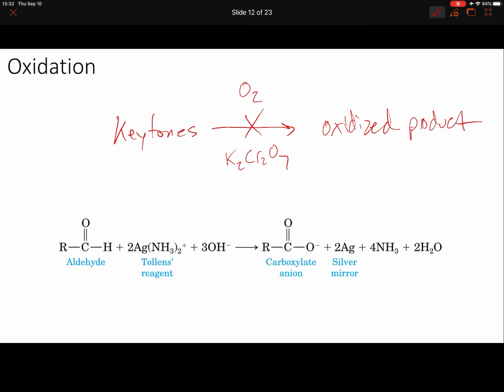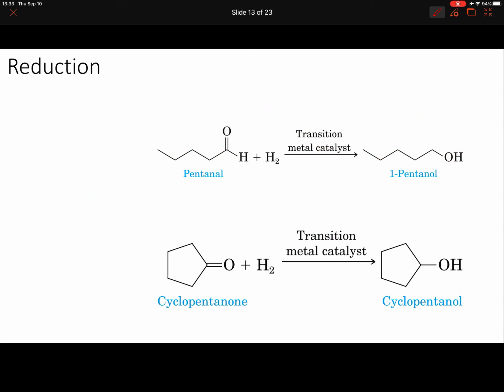They're able to use Benedict's test because it'll oxidize certain sugars. These are usually the aldehydes like glucose and fructose. Okay, so oxidation of ketones is resisted. So again, this is an aldehyde that's undergoing oxidation here, turning into a carboxylic acid.